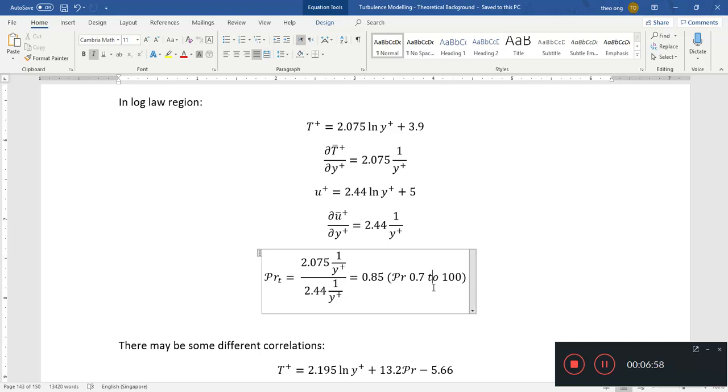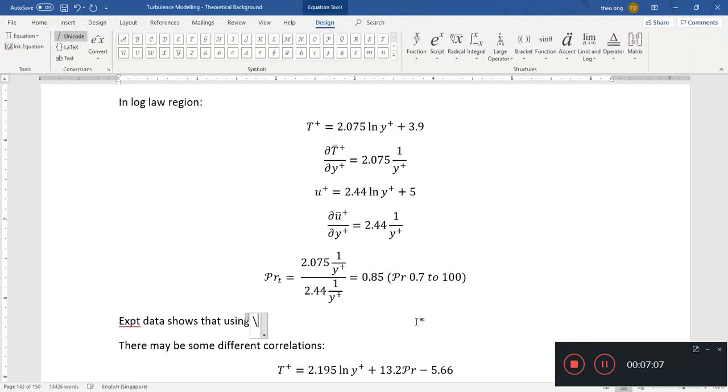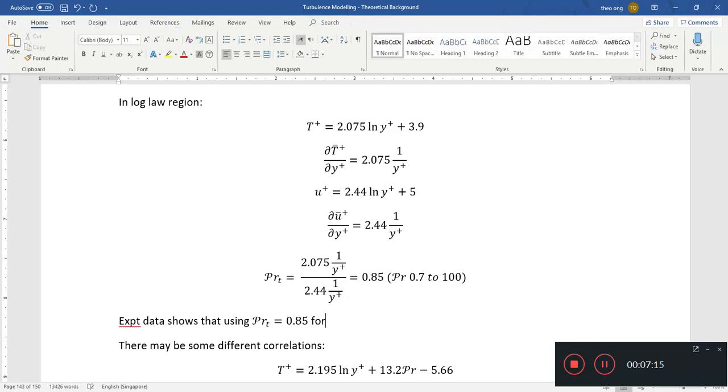And experimental data shows that using turbulent Prandtl number equals 0.85 for this range in most RANS equations is quite acceptable.